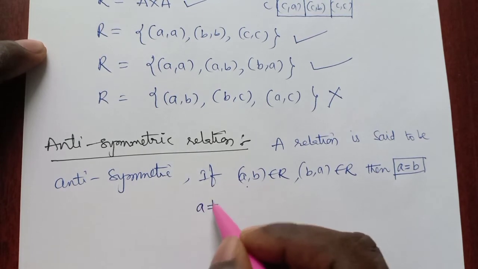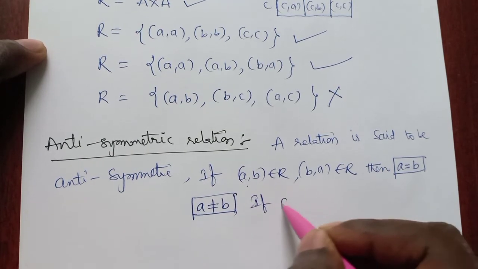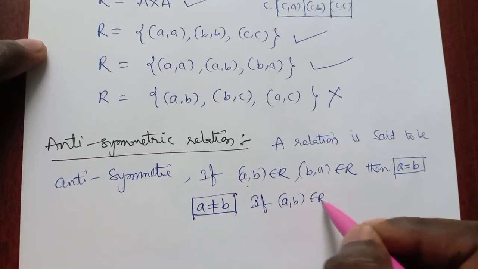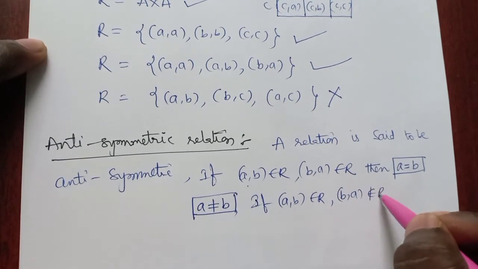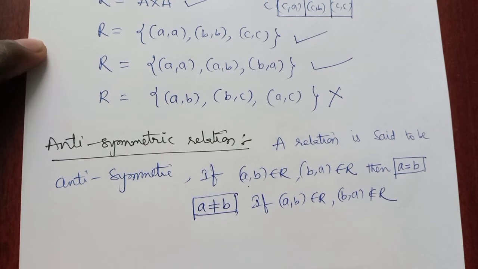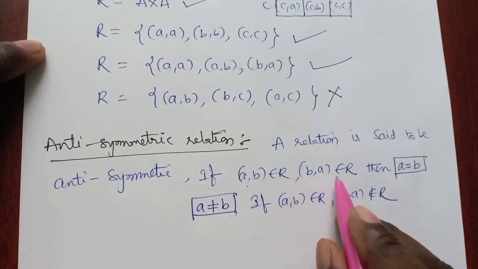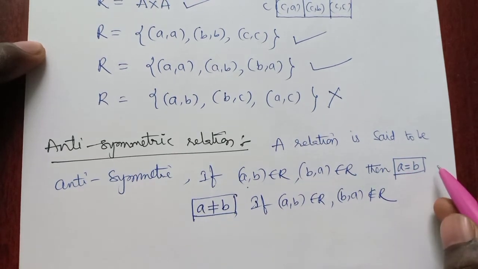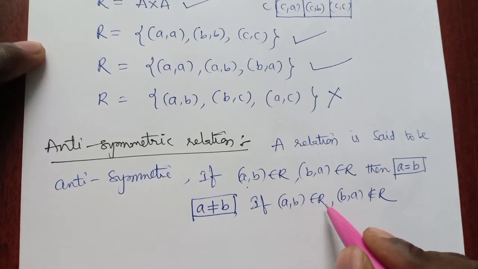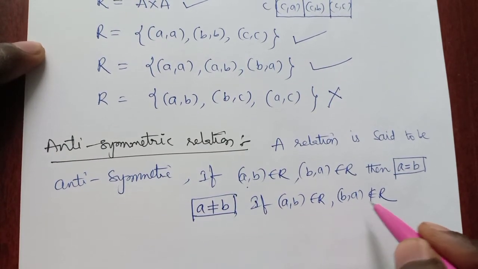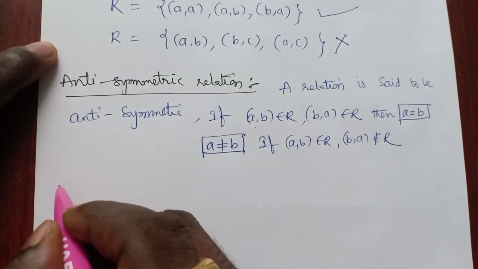If a is not equal to b, if (a, b) belongs to R, then clearly (b, a) must not belong to R.